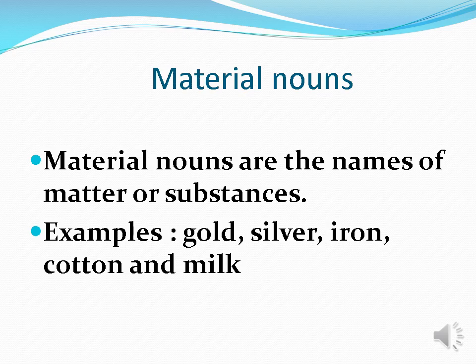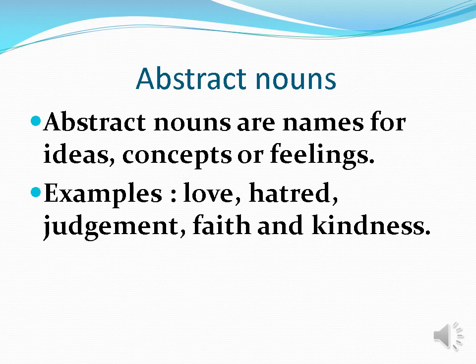Okay, moving on. I hope I'm not moving on too quickly, but obviously you can stop this presentation at any time so that you can take greater note. I don't want the video to be too long. Okay, and the final grouping, abstract nouns. Abstract nouns are names for ideas, concepts and feelings.